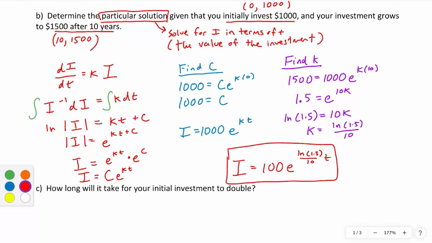You could use a calculator to estimate that, but you might as well just leave it in exact form for right now. Oh, yes, 1,000. I dropped a 0. Yeah, thank you.